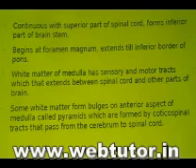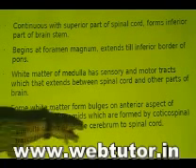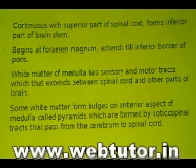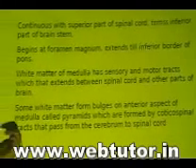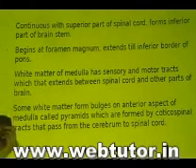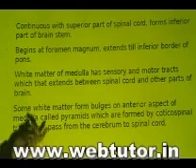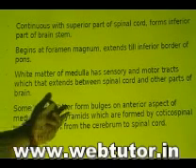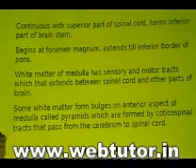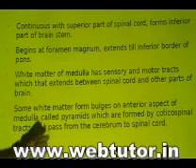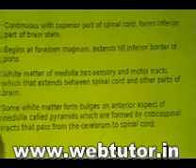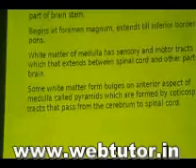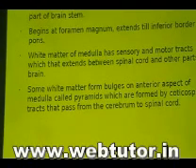Some white matter forms bulges on the anterior aspect of your medulla. From now, medulla oblongata, in short, you can call it medulla. These bulges are called pyramids, which are formed by corticospinal tracts that pass from the cerebrum to the spinal cord.